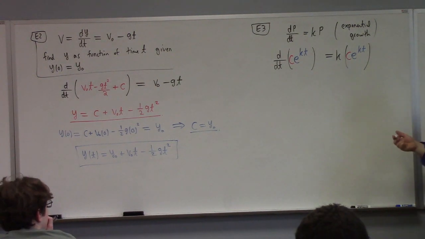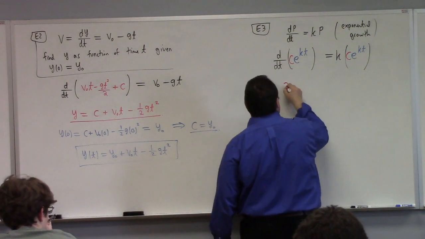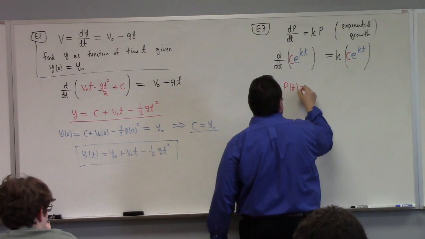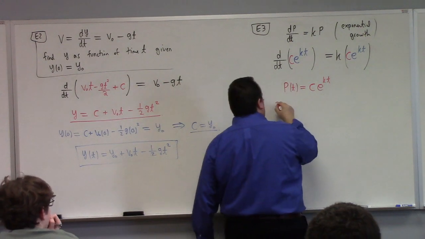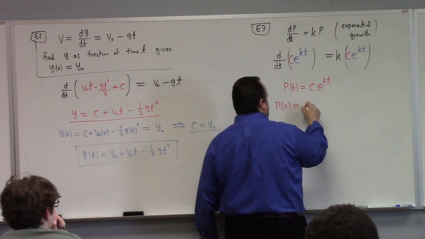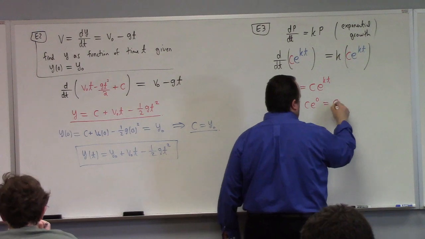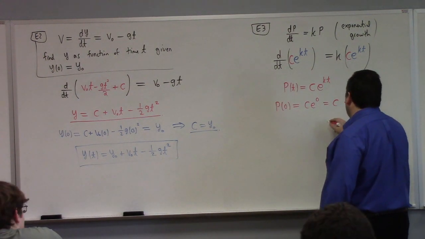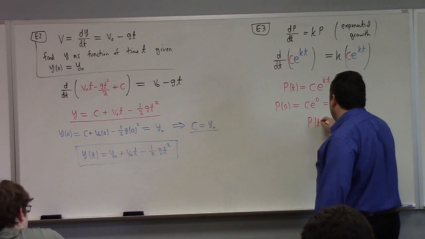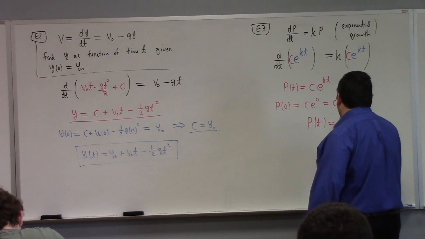So this suggests that a solution to this differential equation actually has the form c e to the kt. Now what would p of 0 be equal to? C e to the 0, right? So if we call the initial population p sub 0, then we get that the population at time t is equal to p0 e to the kt.